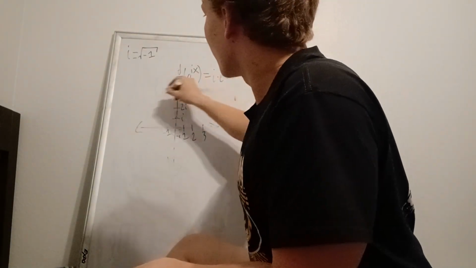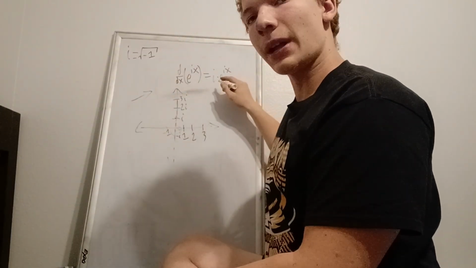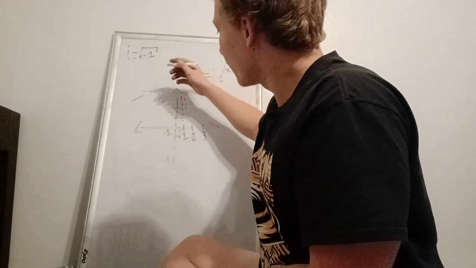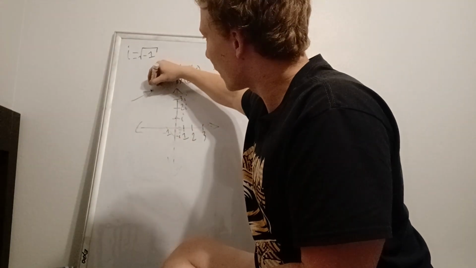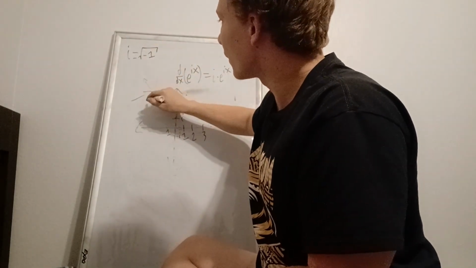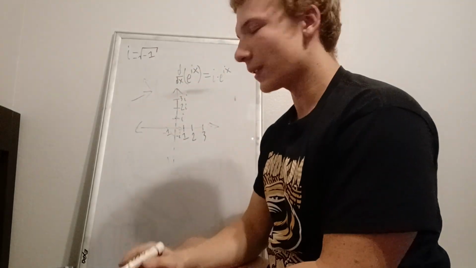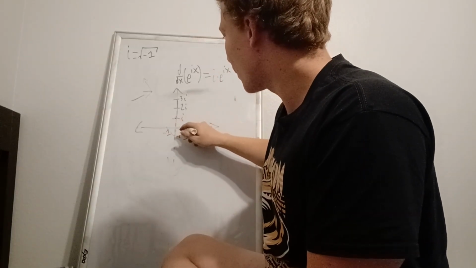What this means is that given any position vector, we're multiplying by i to get our velocity vector, and the magnitude is the same. Which means, like we discussed earlier, when you multiply by i, you have to rotate 90 degrees.